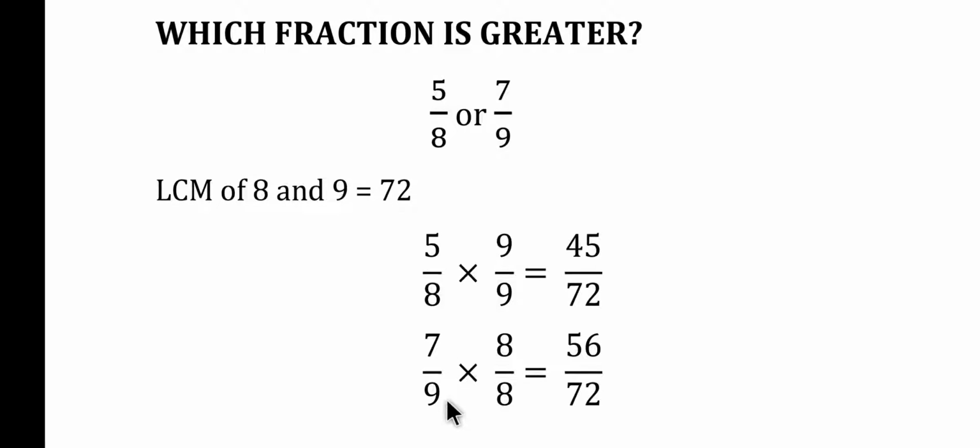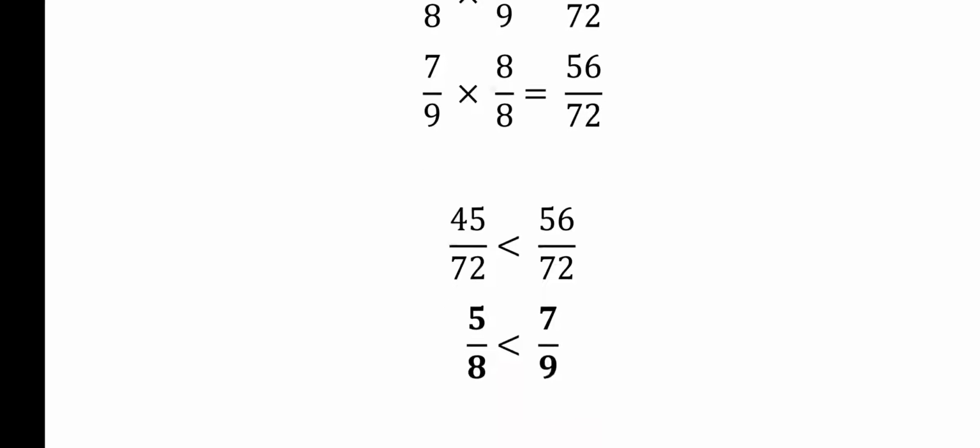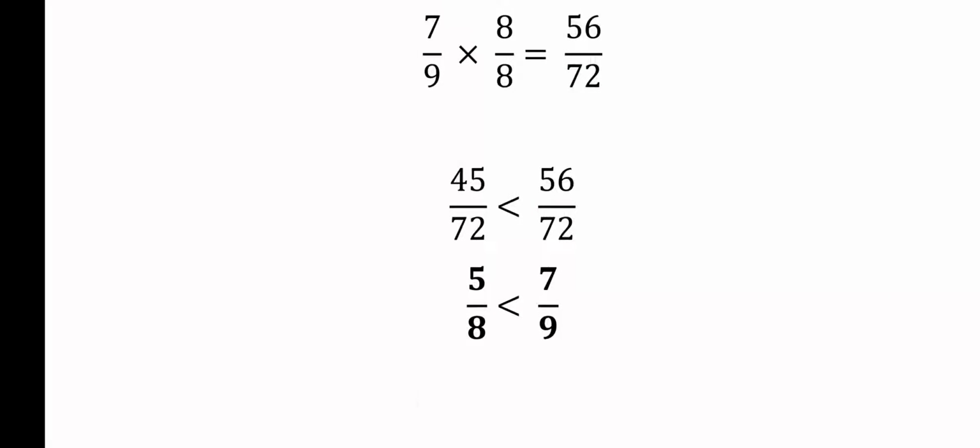So here we can compare the two fractions 45 by 72 and 56 by 72, and we can make out from the numerator, if the denominators are equal, then we can just simply compare the numerators, to see which fraction is greater. So 56 by 72 is the fraction which is equivalent to 7 by 9.